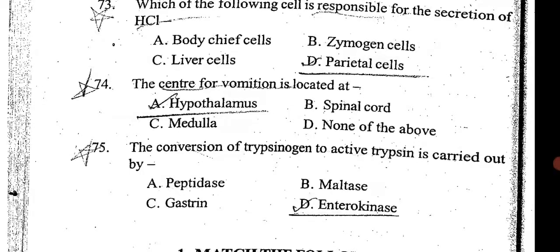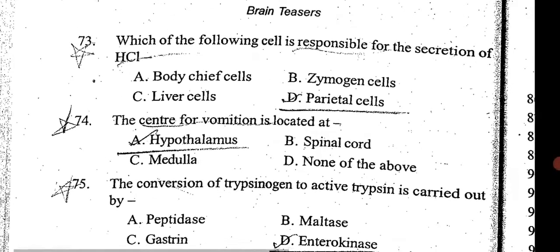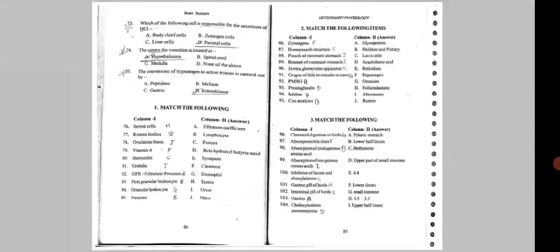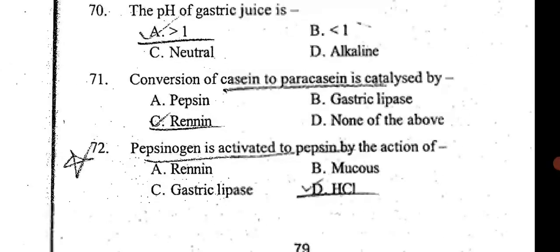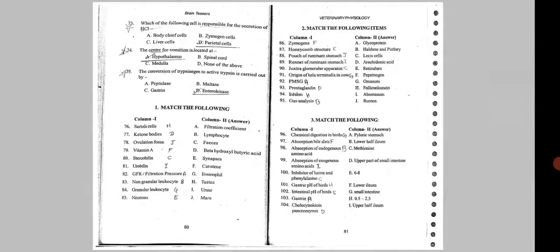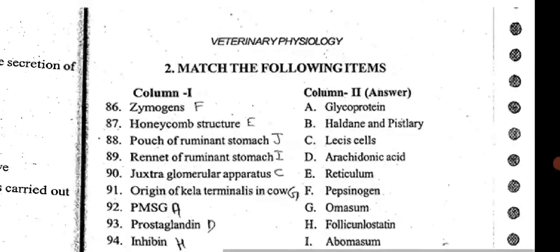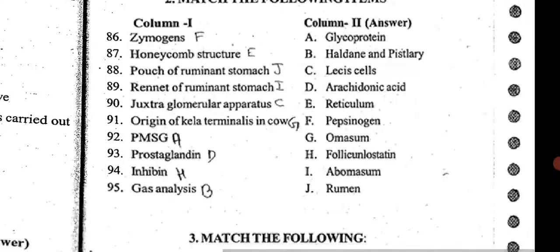Hypothalamus is the center of vomiting. Parietal cells are responsible for secretion of HCl, and this HCl converts the pepsinogen to pepsin, and renin converts casein to paracasein. And next question is zymogens.